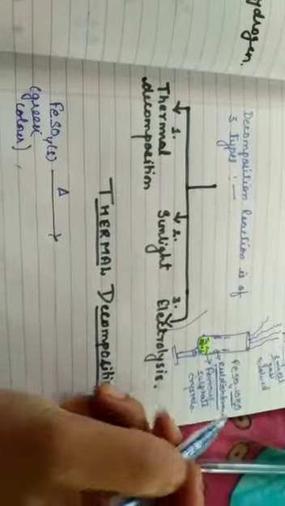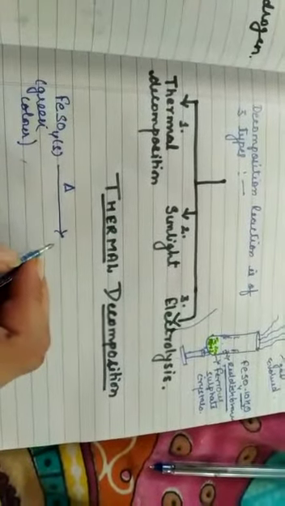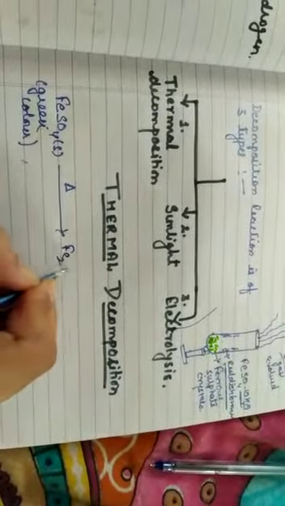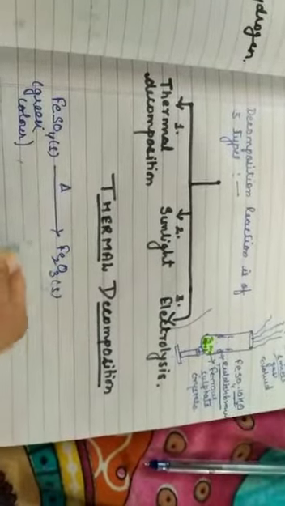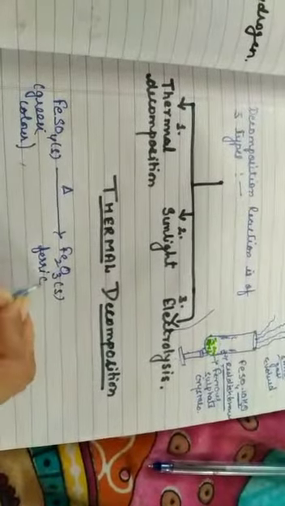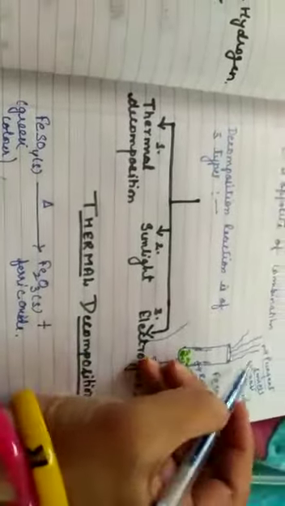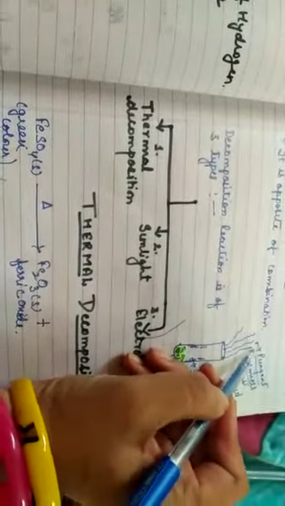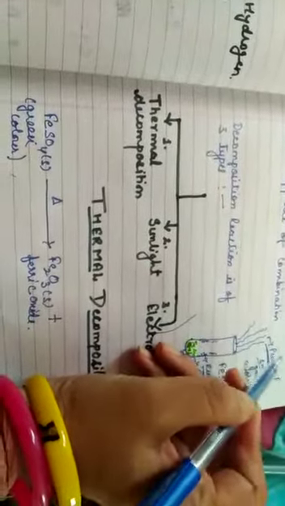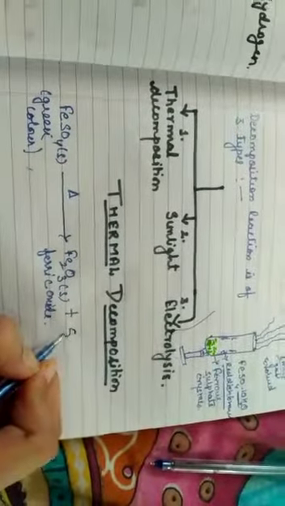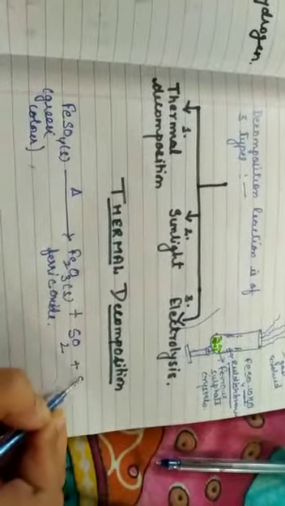That reddish brown is nothing but ferric oxide, that is Fe2O3. That is also a solid. And the gases which I have said have the pungent smell are SO2 and SO3.